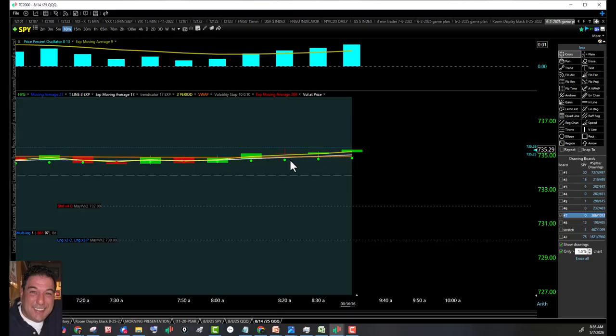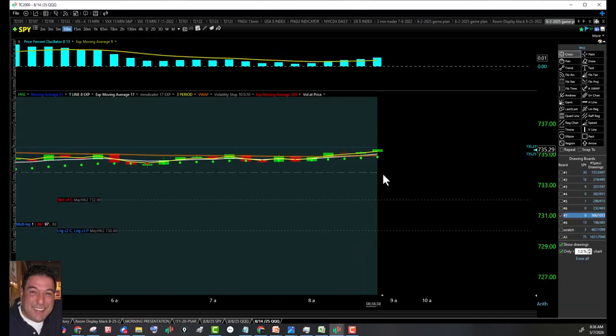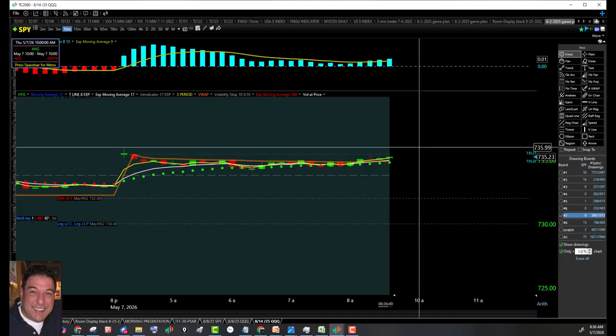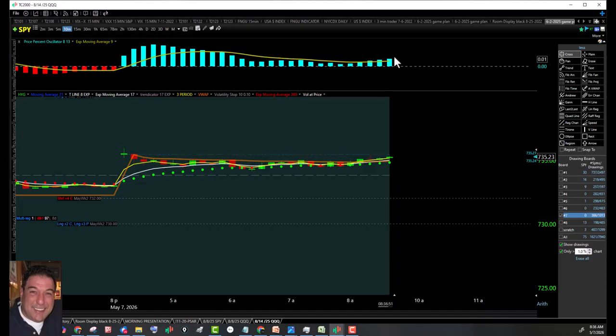So it's melting up right now. We might have a 10-minute uptrend when the market opens, so my plan is to participate in the 10-minute uptrend. Hopefully we get a nice PPO up there over 0.05 when the market opens at 9:30.